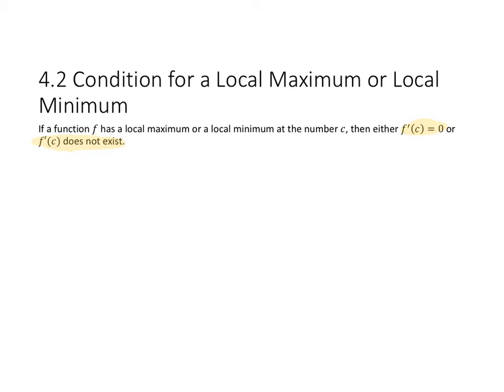So if we have a local max, that means that f of c is greater than or equal to f of x for some x on the open interval. So I can rewrite that as f of x minus f of c is less than or equal to 0.